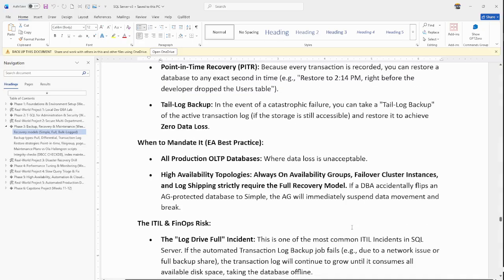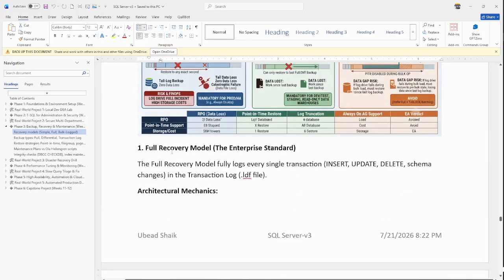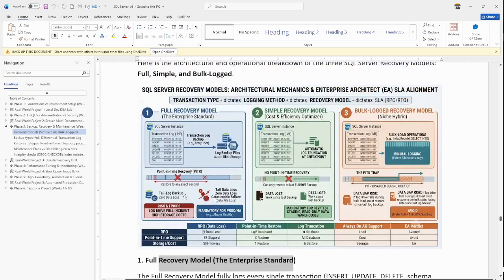Sir, no, I'm asking about the full recovery, simple recovery and bulk recovery. So what I just told you, I am telling about simple only here. This is the full recovery model I am discussing, then simple and bulk. This is graphical, this is text.